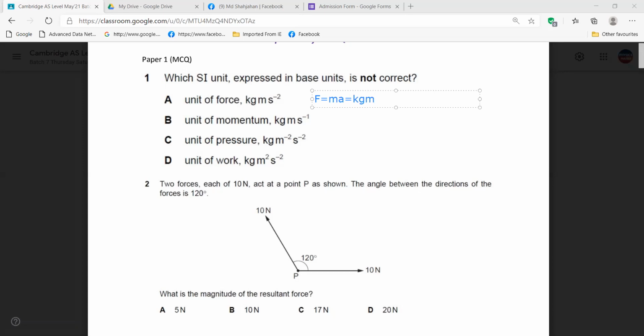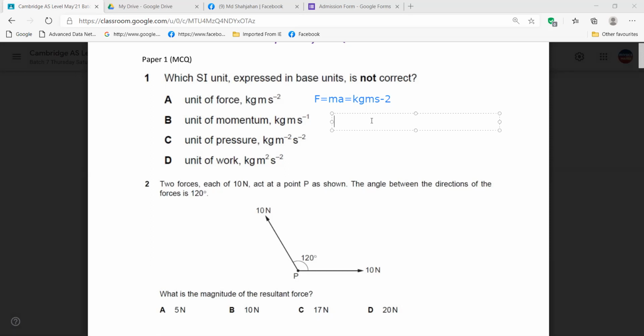Yes, sir. Meter per second square. So we see this one is correct. A is fine. So we have to choose which one is not correct. Then check with B.